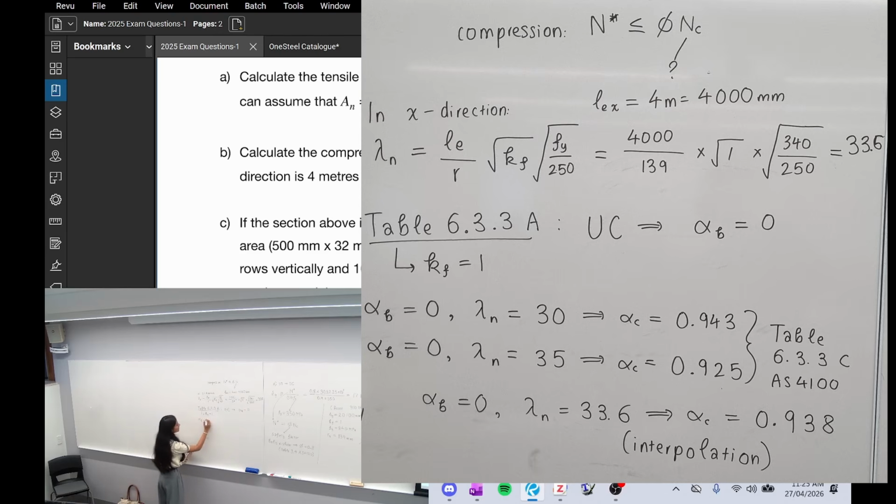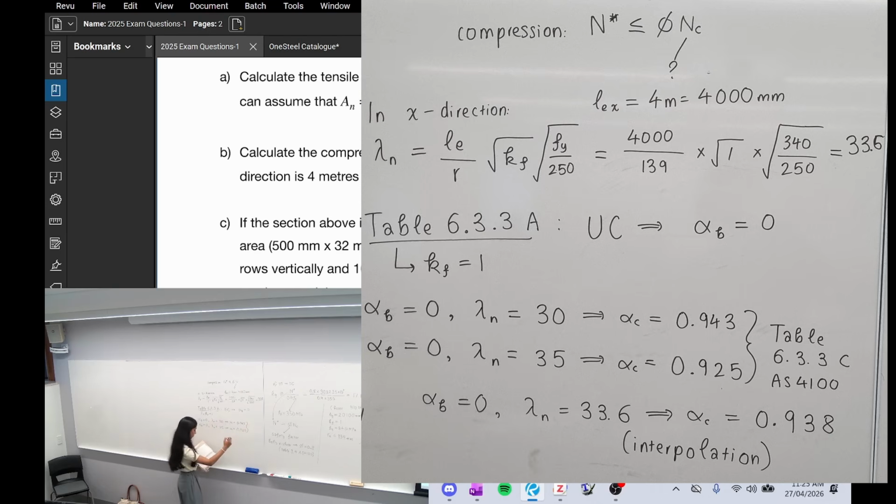Again, the slenderness isn't a nice number, so you want to interpolate between two numbers that are close to it. 33 is between 30 and 35, so we'll find the corresponding alpha C values. For 30, alpha C is equal to 0.943. For 35, alpha C is equal to 0.925.